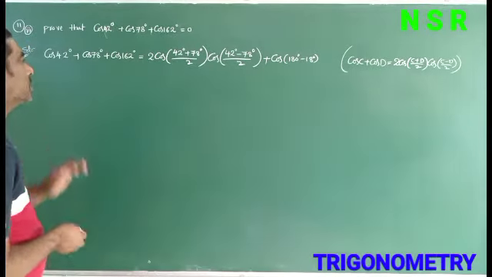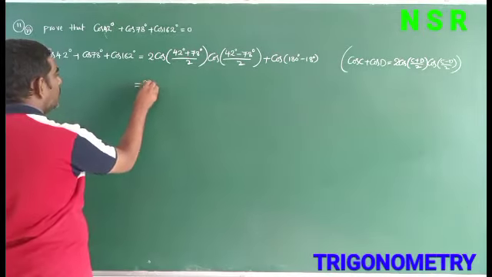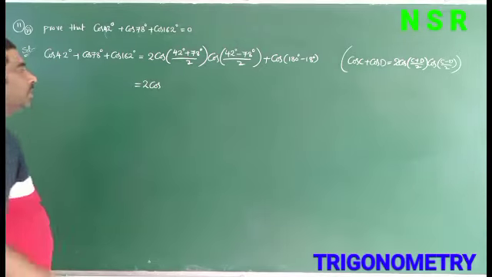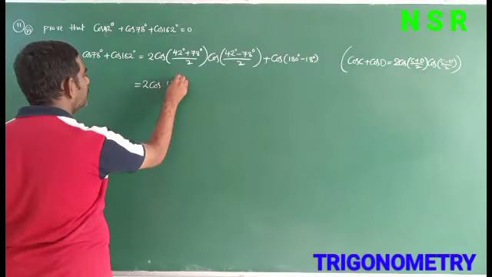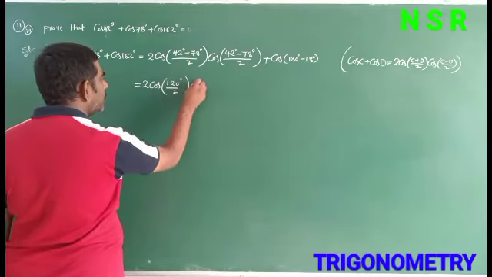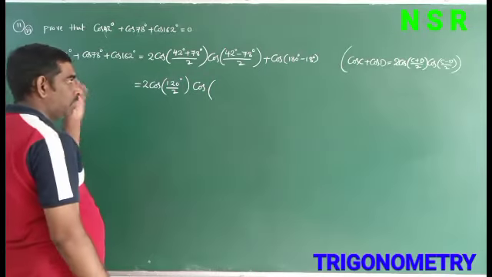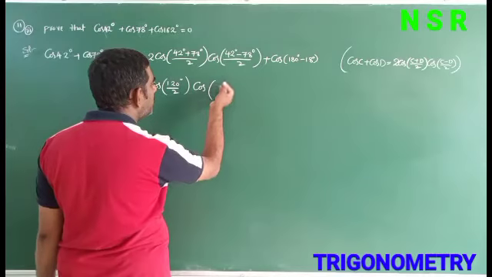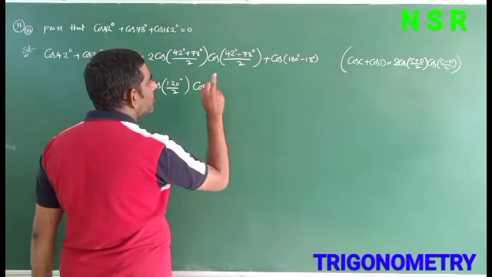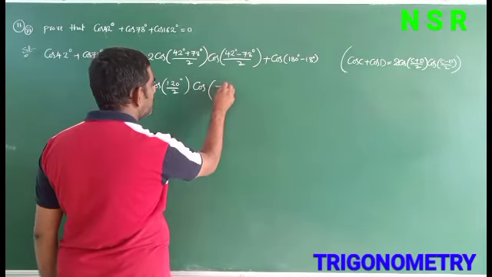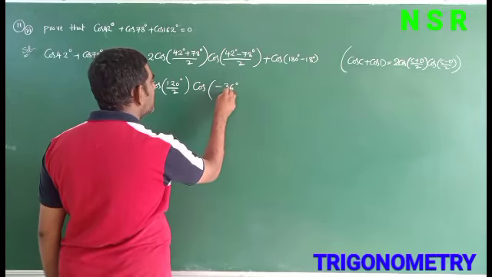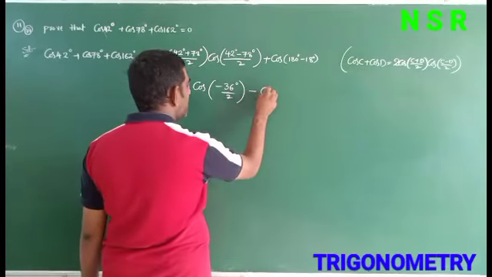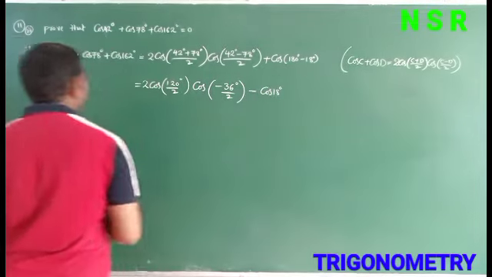180 minus 18 is 162. So 2 cos (42 plus 78), 120, so 120 by 2, into cos (42 minus 78), minus 36 by 2, minus cos (180 minus theta), that is minus cos 18.